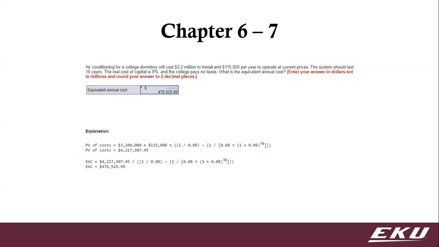That's not saying it's what we're going to pay each year, because you see we're paying the 115. We're taking that 3.2 million as well and spreading that out over all of the years, what it costs for us to do that, to include our borrowing cost, right? Because we're paying 8% interest, so we have to build that in as well.